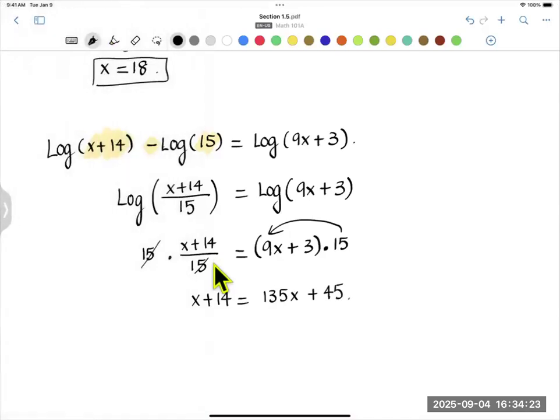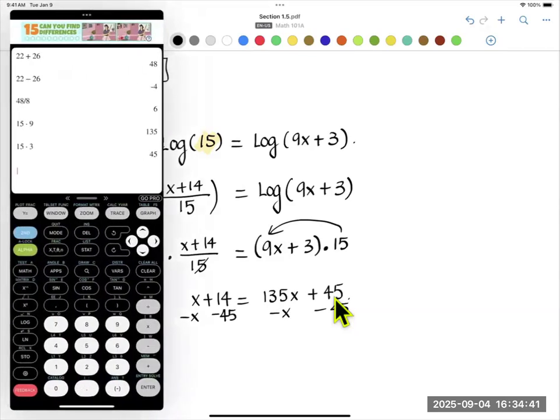Okay, and from this, the equation becomes a simple equation, so we just combine like terms. I'm going to subtract x and subtract 45 on both sides. This will give us 14 minus 45 is negative 31 equals 134x. So x is negative 31 over 134 by dividing 134 on both sides.